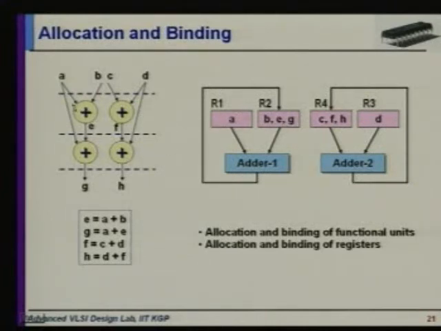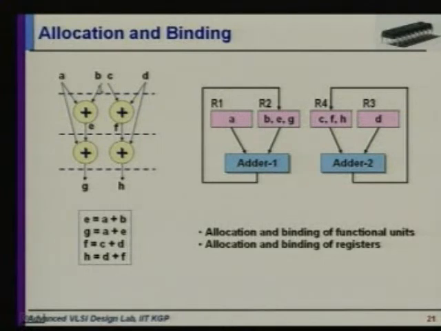Now we have to bind the variables to the registers, right? So A is bound to register R1, and B, E and G are bound to register R2. What is the criteria for binding variables to the same register? They should not have to be present at the same time, because then they will get overwritten.